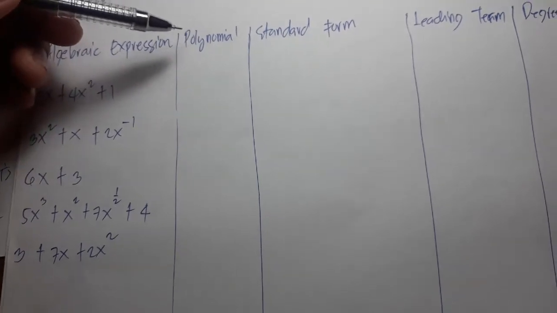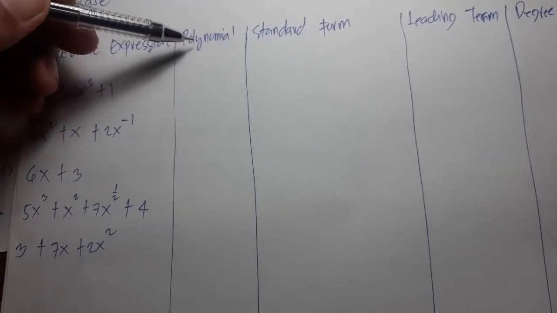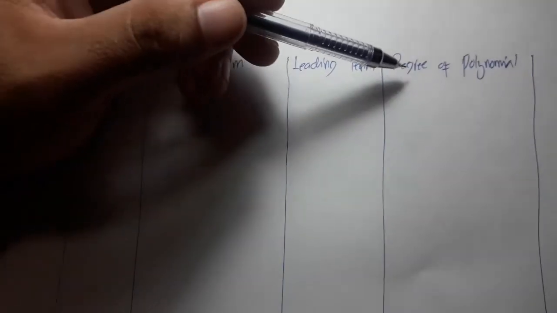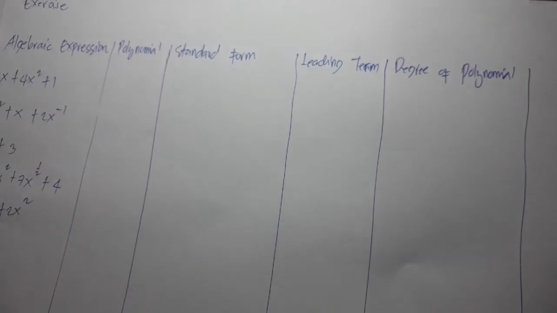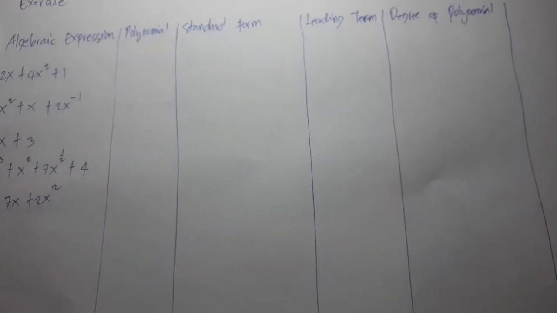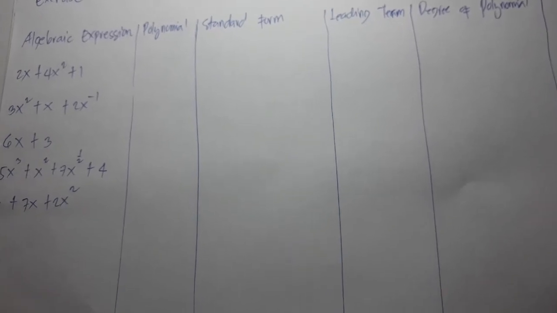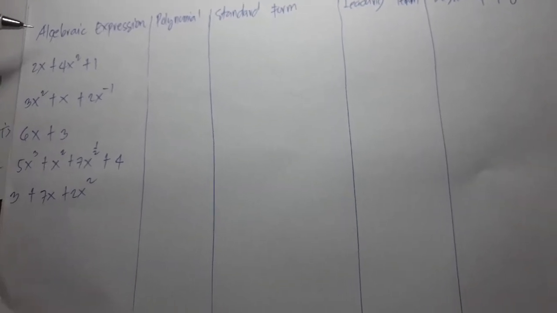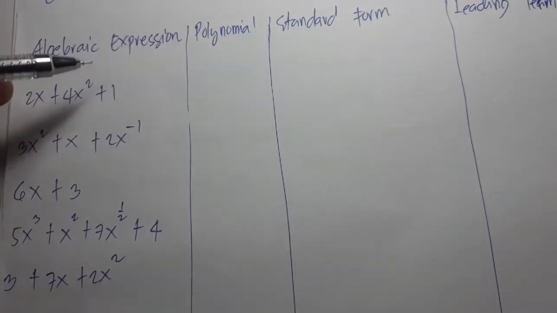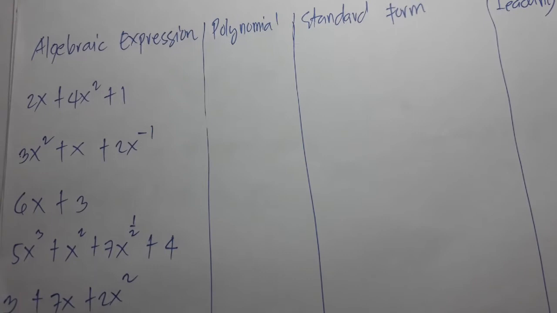If it is a polynomial, we will write the standard form, the leading term, and the degree of the polynomial. Are you excited? I have only 5 items here. So, start. The first algebraic expression is 2x plus 4x squared plus 1.